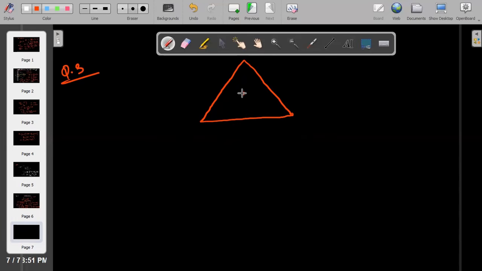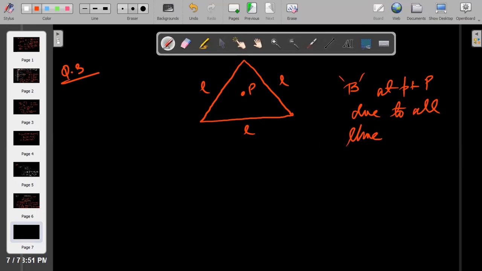At the middle, some point is there, right? And this length is L. This length is L. You need to find the magnetic field B at point P due to all the three wires. Three wires, right? This is 1 and this is 2 and this is 3. Like that, the same thing you will do.